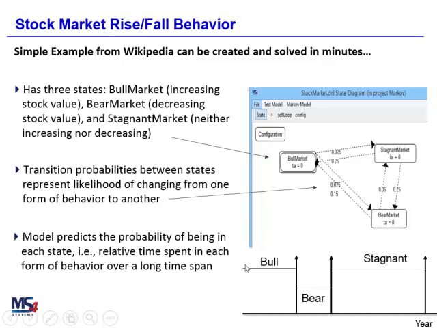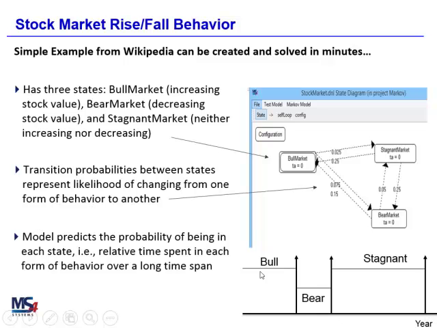For example, if you started in the bull state, the model predicts how long you stay in that state before transitioning to another state, such as the bear state. You stay in that state for some time before transitioning to the stagnant state or some other state, and so on, over a period of time.